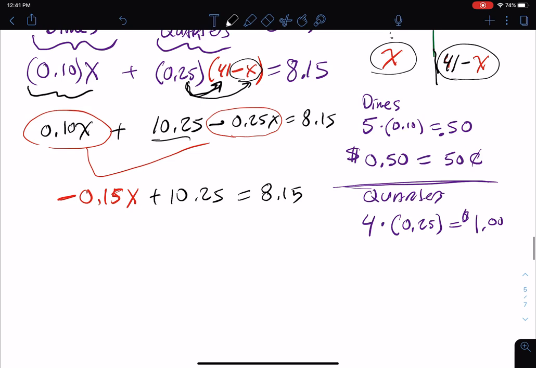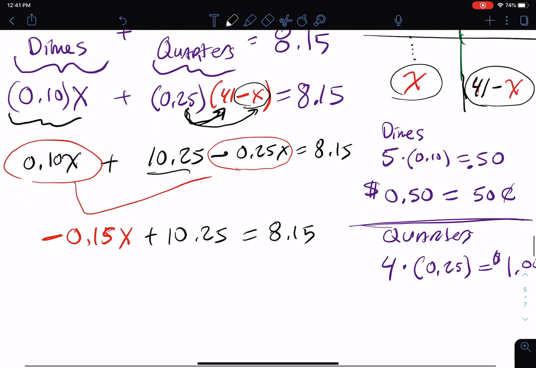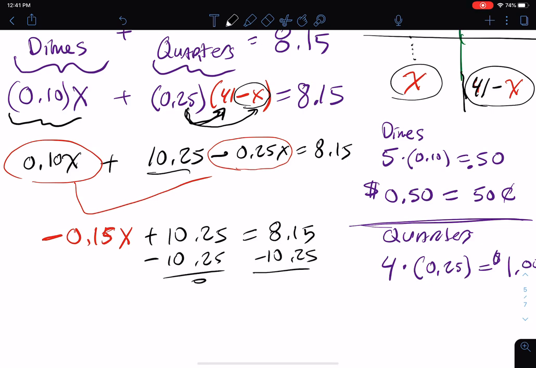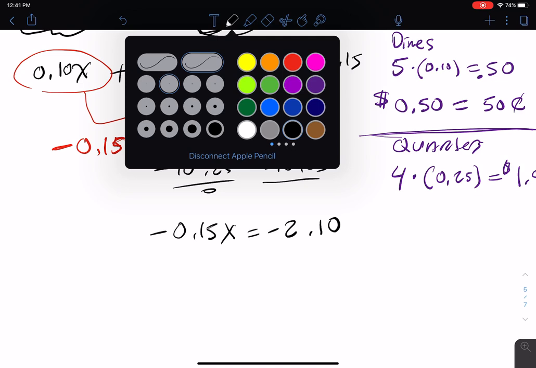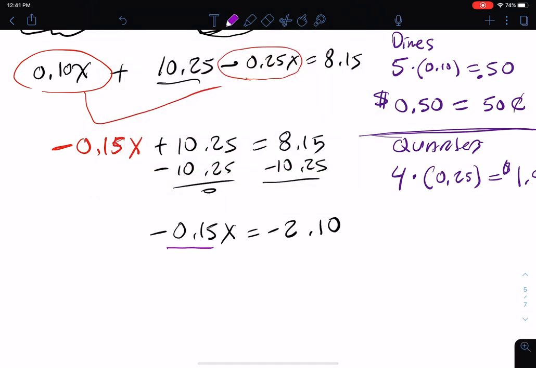Let's continue to use our algebra to solve by subtracting 10.25 on both sides. And then we take 8.15 minus 10.25, and that leaves us with negative 2.10. So now we go ahead and solve for x by dividing by this value right here in front of the x, its coefficient.